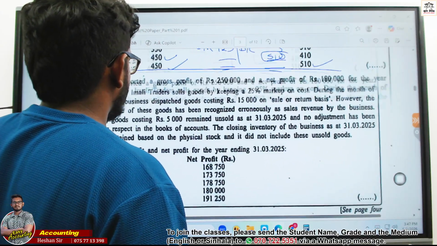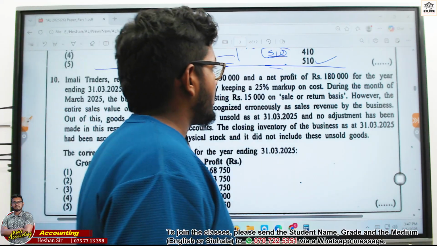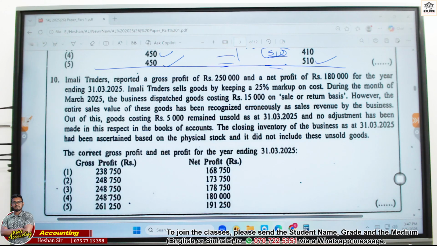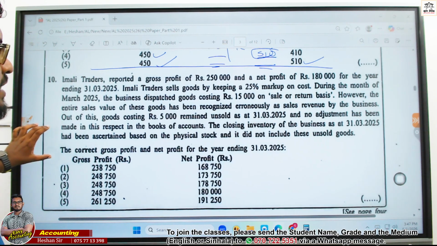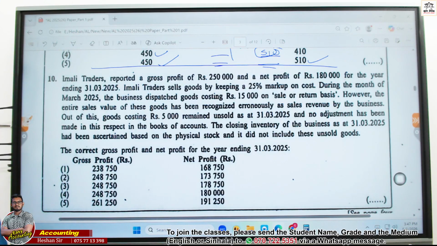Imali Traders reported a gross profit of 250 and a net profit of 180 for the year ended 31st of March 2025. Imali Traders sell goods by keeping 25% markup on cost. During the month of March 2025, the business dispatched goods costing 125 on sale or return basis.